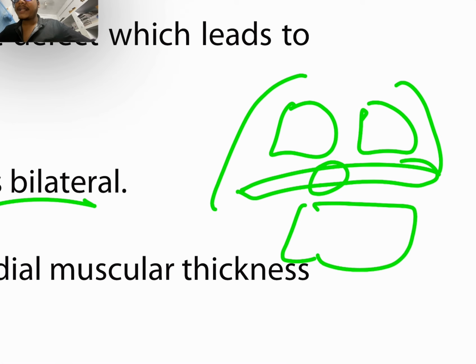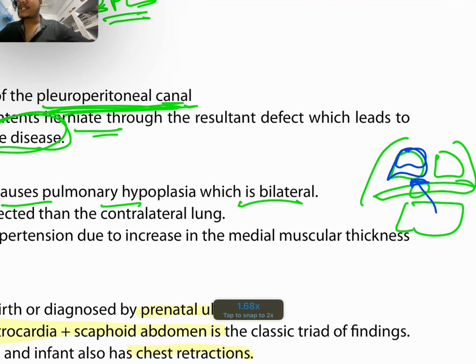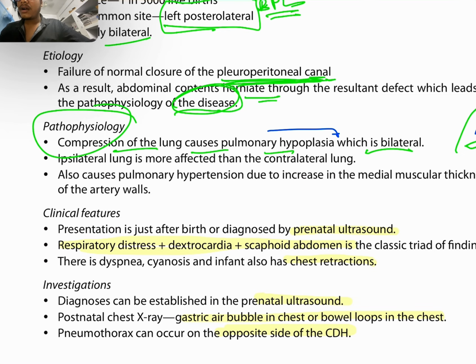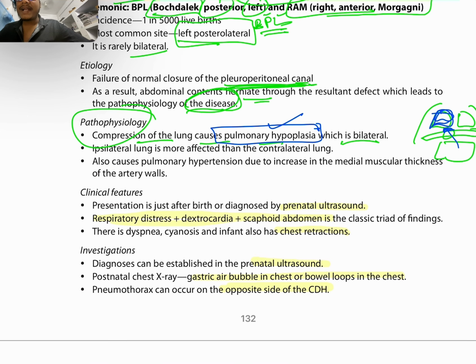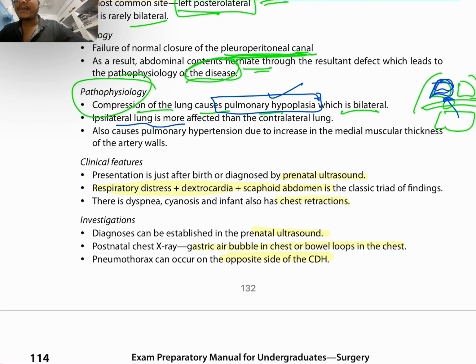The content present here will push and compress the structure of our lungs, resulting in poor or defective formation of the lung, causing hypoplasia of the lung tissue. That's what it shows: compression of the lungs causes pulmonary hypoplasia, which will be bilateral. Rarely it affects only the ipsilateral side. Pulmonary hypertension is also caused by an increase in the medial muscle thickness of the arterial wall.